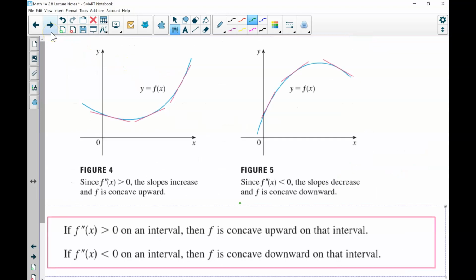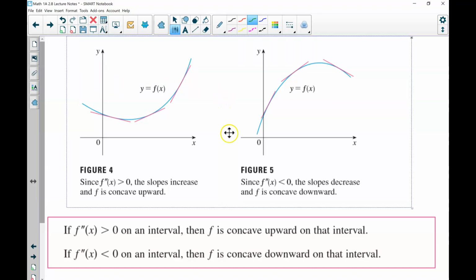Now, what does the second derivative say about the original function? Let's see how the sign of f double prime of x affects the appearance of the graph of the original function.